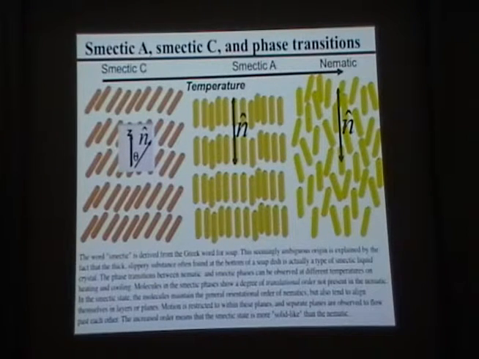Well, there are many other phases. In the nematic and cholesteric phases, we had only orientational ordering, but no positional ordering at all. That means the centers of mass of those molecules were completely disordered, just like in water, right?